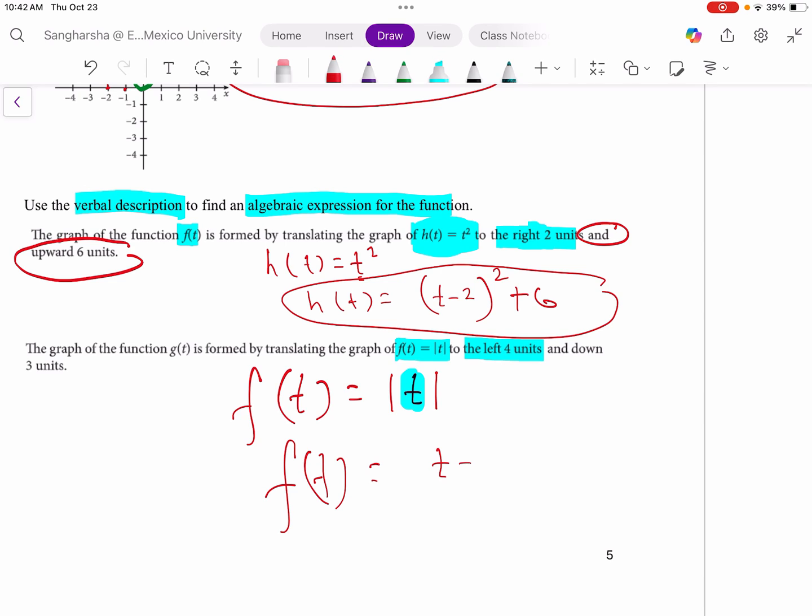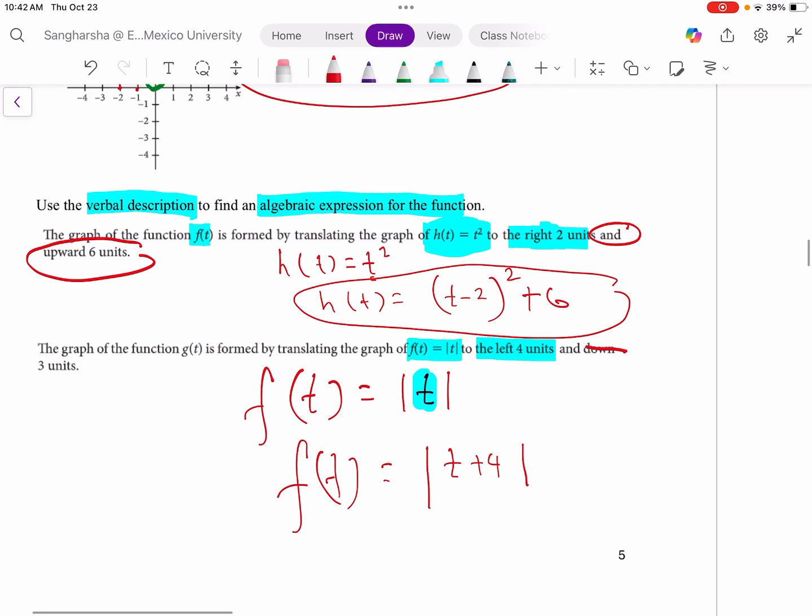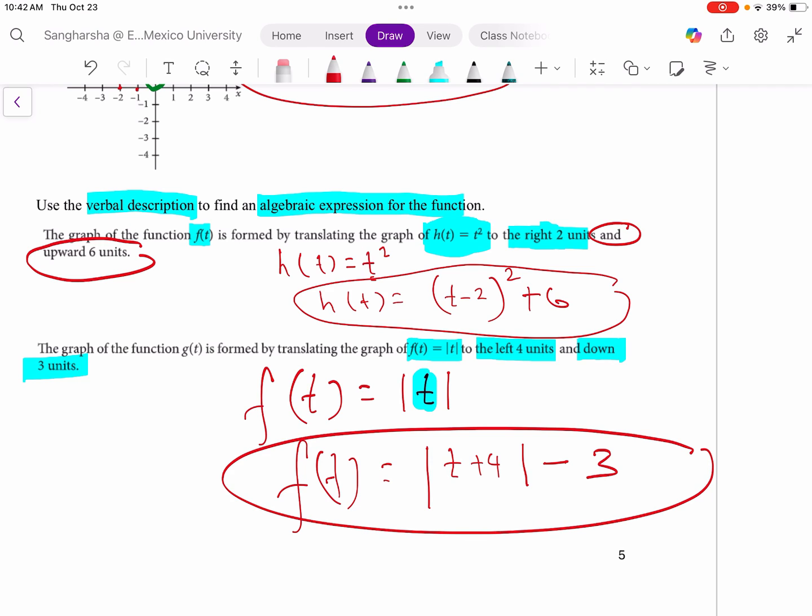It might be confusing, so remember, it's not parentheses, it has to be absolute value. Left means t plus, right means t minus. And down: we move the same graph down 3 units. What does that mean? We subtract 3. So this is the final expression.